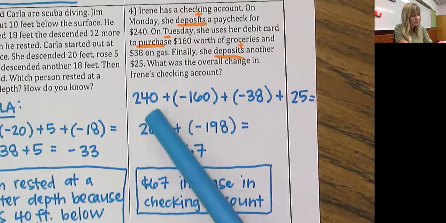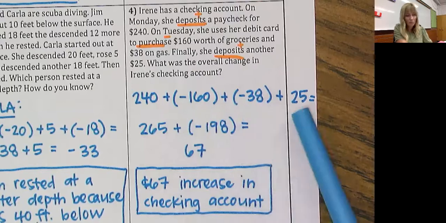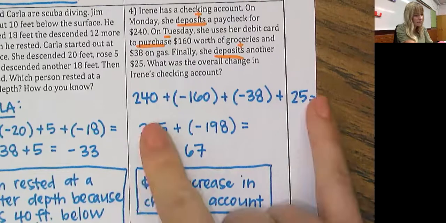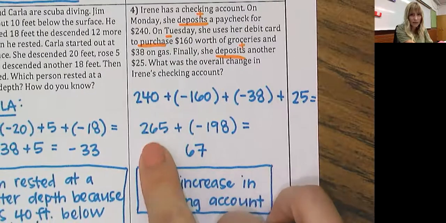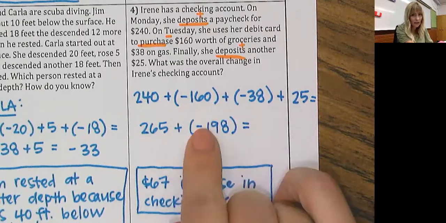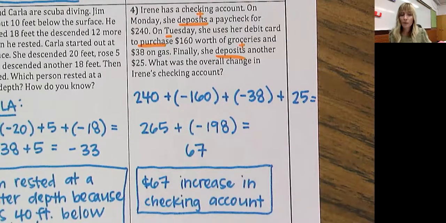So deposits, spends money, deposits. So I did same signs add, keep the common sign, same signs add, keep the common sign, put it all together, and it's still $67 in the positive. So that means overall, from wherever it started, it didn't tell us the value it started at, it was a $67 increase in her checking account.